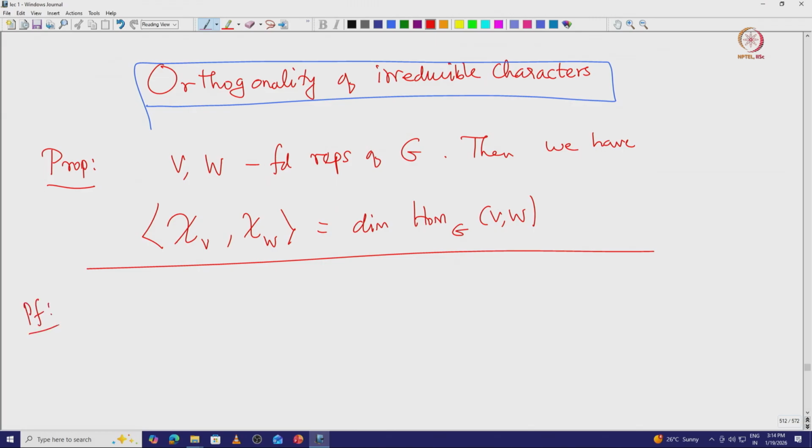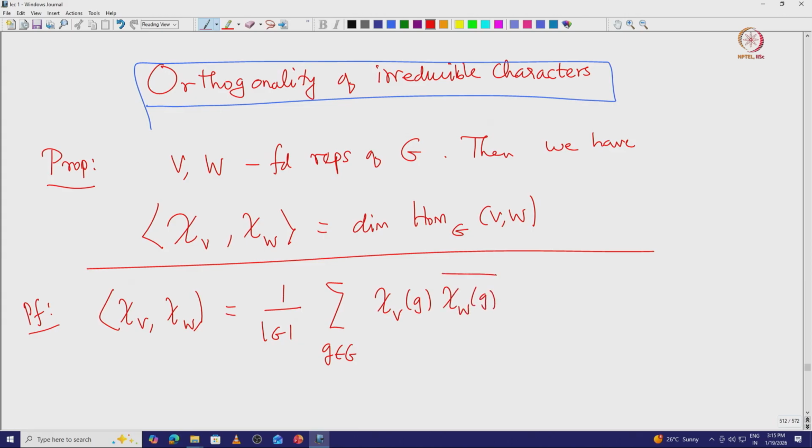Let us recall the definition of the inner product of the characters. You take the average sum, summation over g in G, of the character values chi_V(g) and the complex conjugate of chi_W(g). This is the definition of the inner product of the characters.